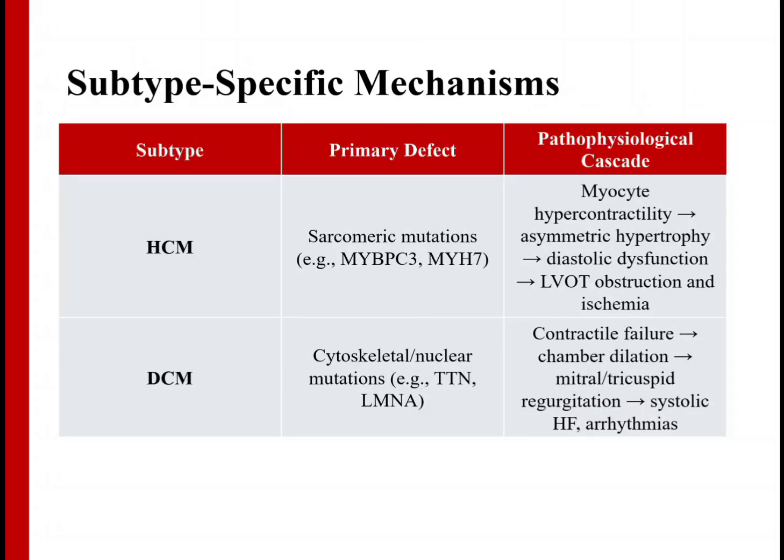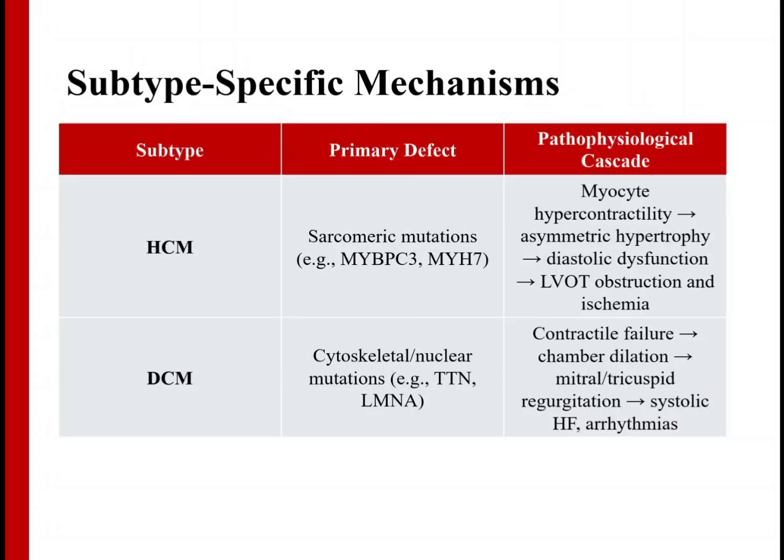In dilated cardiomyopathy, mutations are in either cytoskeleton or nuclear proteins like TTN or LMNA. This will lead to impaired contractility, and impaired contractility will lead to chamber dilation.